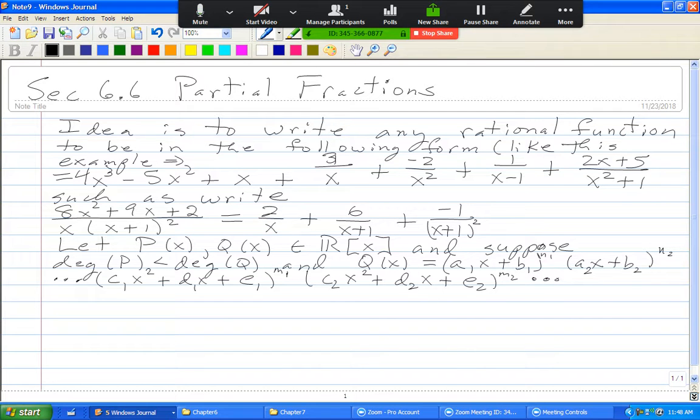So you can factor any polynomial into linear terms and quadratic terms, to powers. Okay.